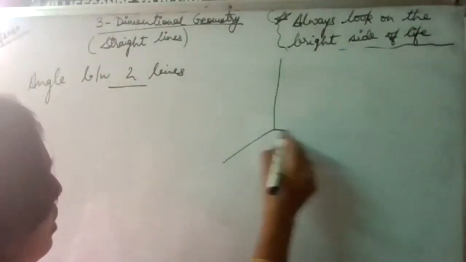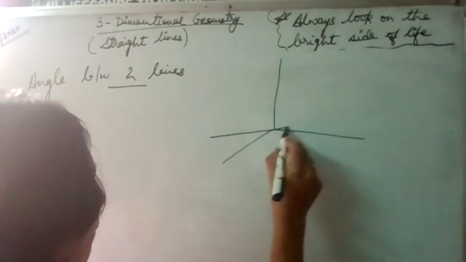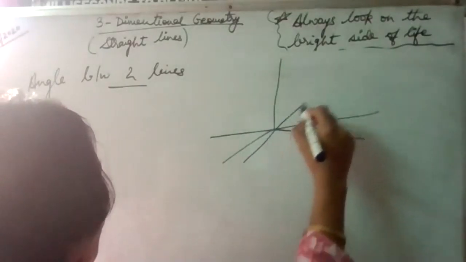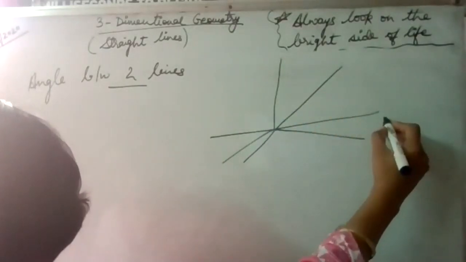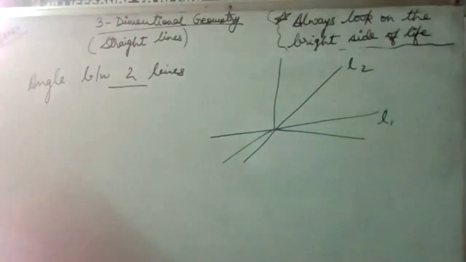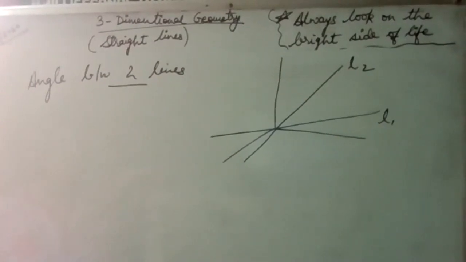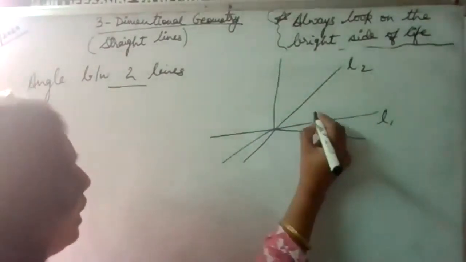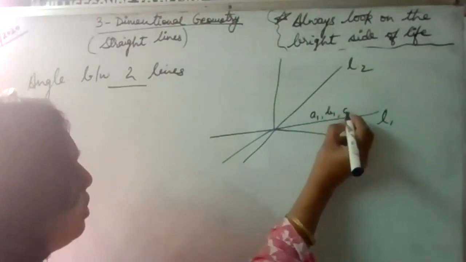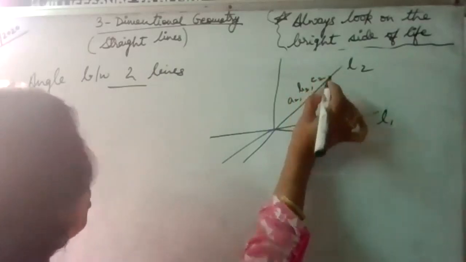Let's make any two lines on the plane. We are taking them as L1 and L2. And we are given the direction ratios of both of these lines, so we can find out the angle. Let's take the direction ratios of the first line as a1, b1, c1, and the direction ratios of the second line as a2, b2, c2.